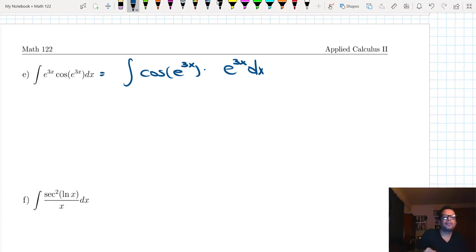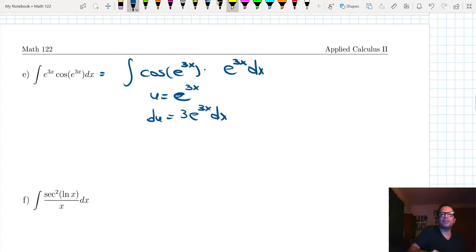Notice how this e to the 3x, the derivative of the exponential, is always itself, and the exponential times whatever the derivative of the exponent is. So we are going to take advantage of that, to let our u equal e to the 3x. du equals 3e to the 3x dx.